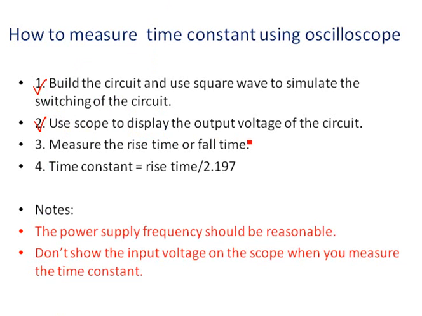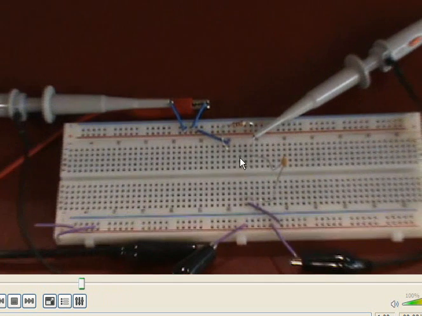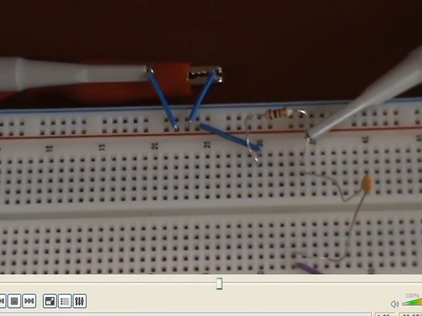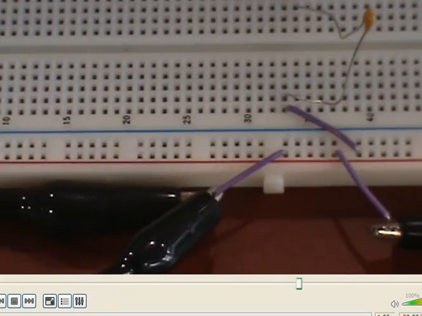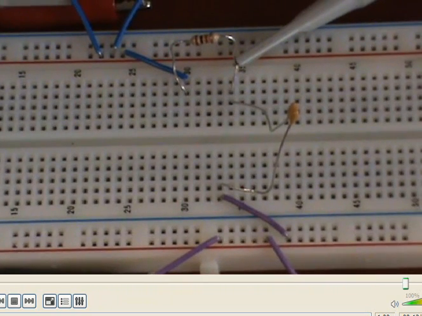The next part, we need to use the scope to display the output voltage. So here's the RC circuit. The power supply is here, the red cable and black cable. The first channel of the scope is connected across the power supply.